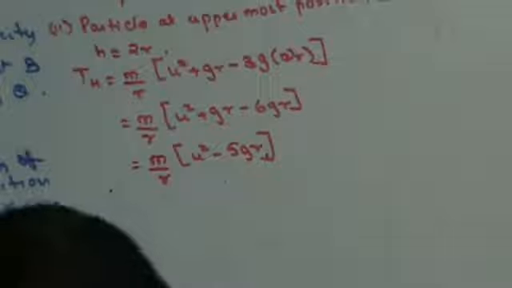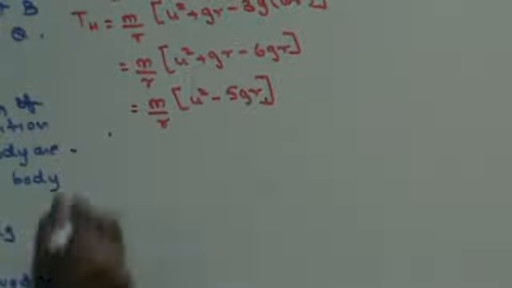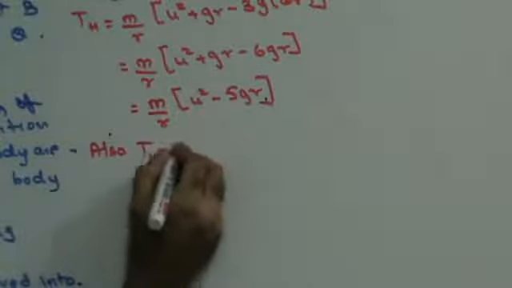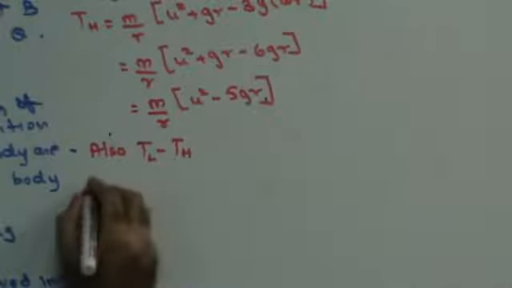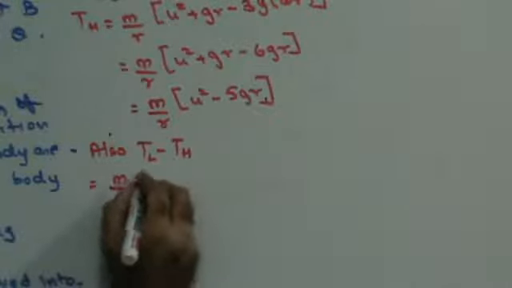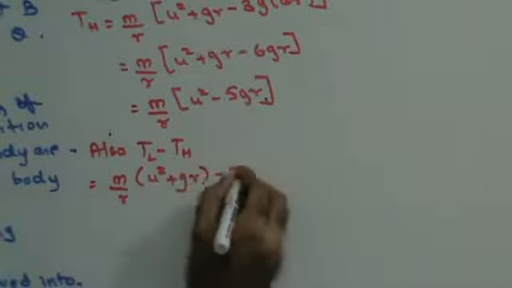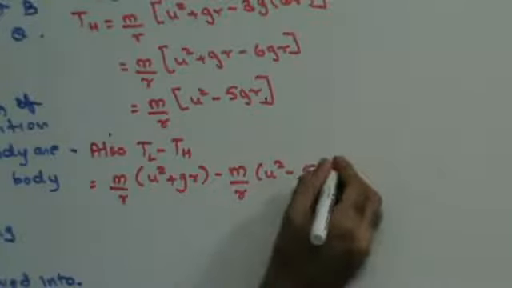Now, what is the difference in the tension between the highest point and the lowest point? I can say the difference between the tension at the lowest and the highest point is going to be m upon r (u square plus gr) minus m upon r (u square minus 5gr).